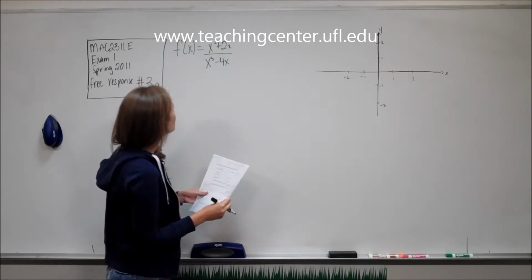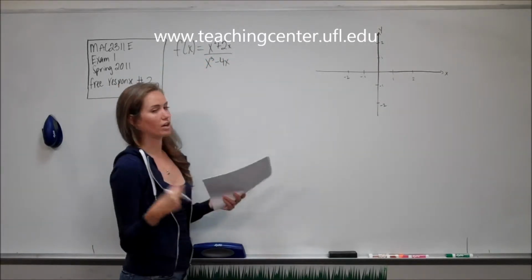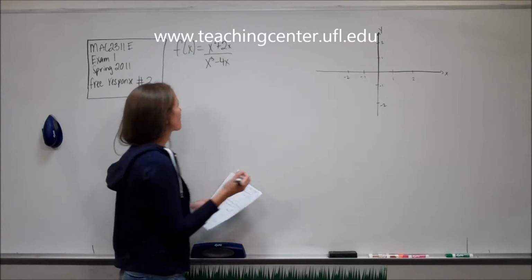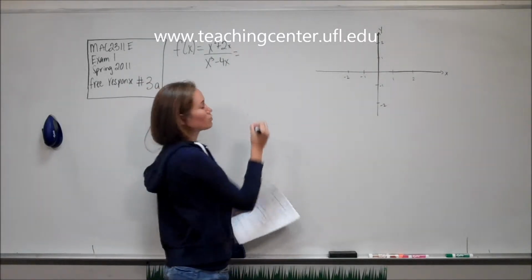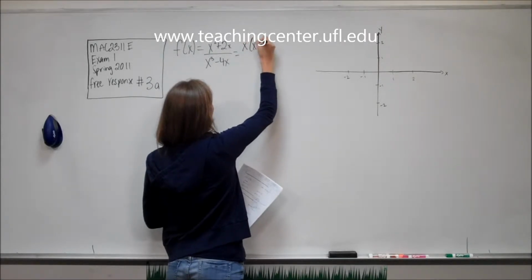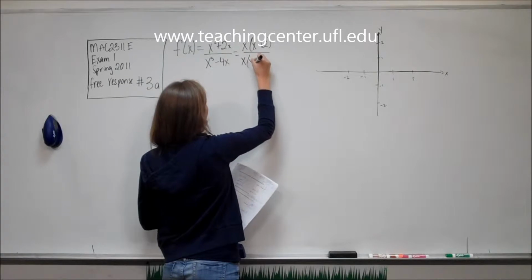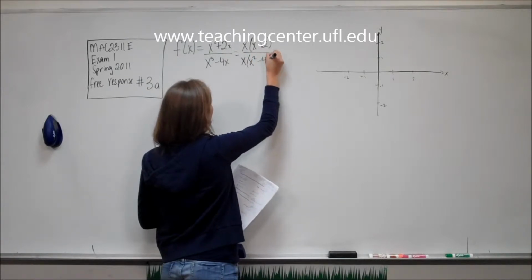First, we can simplify our function, which will make it a lot easier to graph afterward. We pull out an x from the top and the bottom: x times (x plus 2) over x times (x squared minus 4).